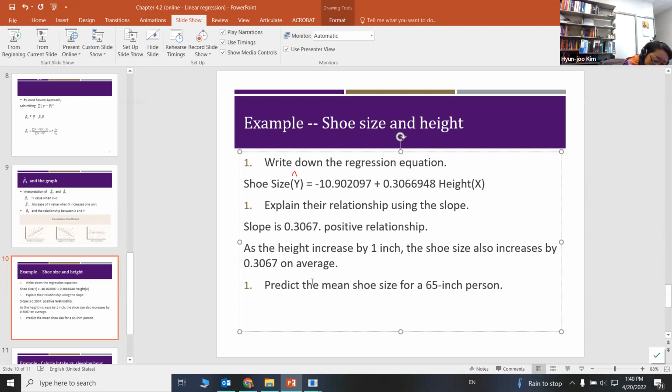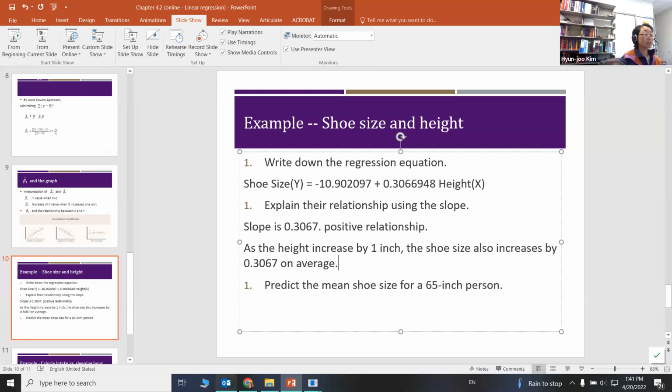So when a person's height is 65, from your y hat equals negative 10.9021 plus 0.3067, and then you plug in 65. When you have a 65-inch person, you can just calculate what this value is, and that will be your guess of your mean shoe size.